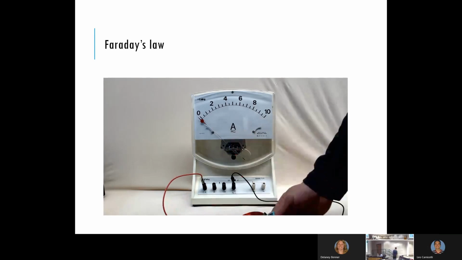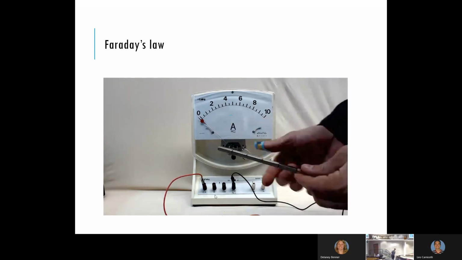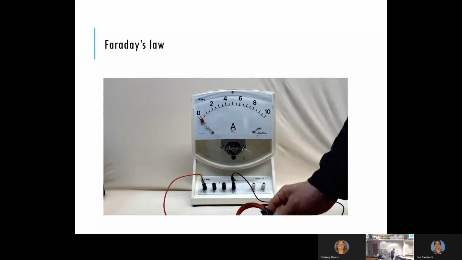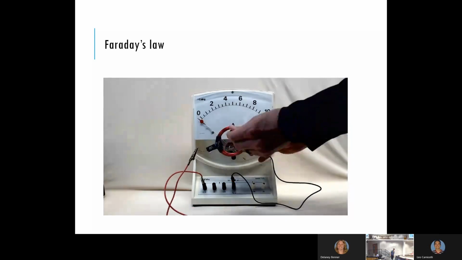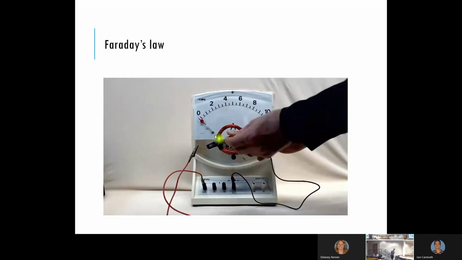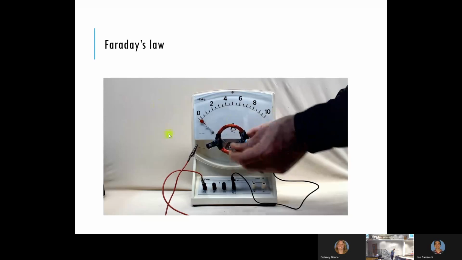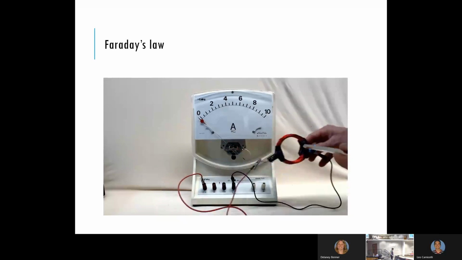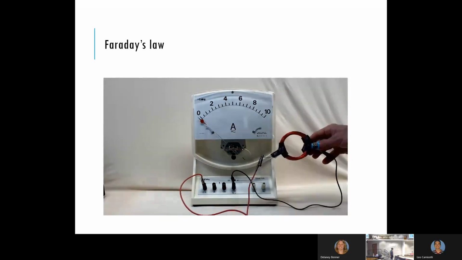You notice I have a coil of wire, and I've attached it to the ammeter. Now I've got a bar magnet, coil of wire, bar magnet, and you notice what's going on right up here. What happened?